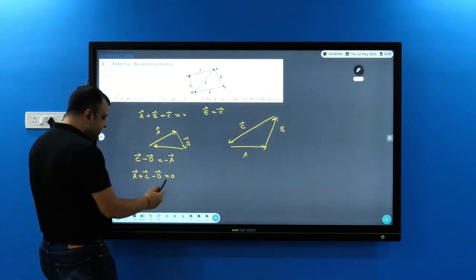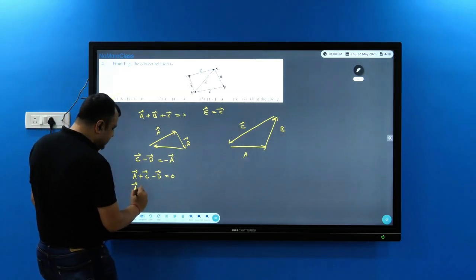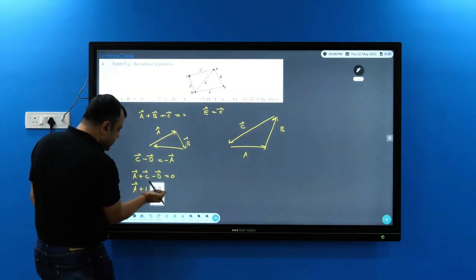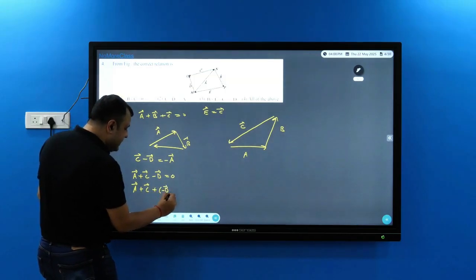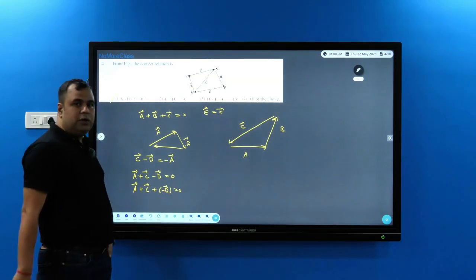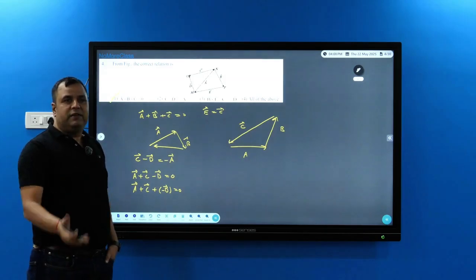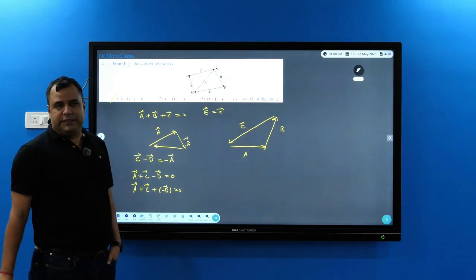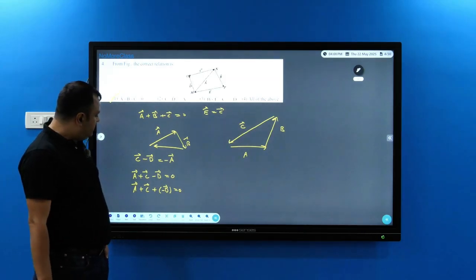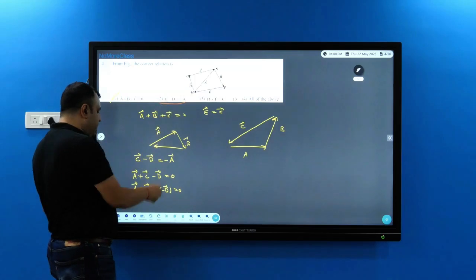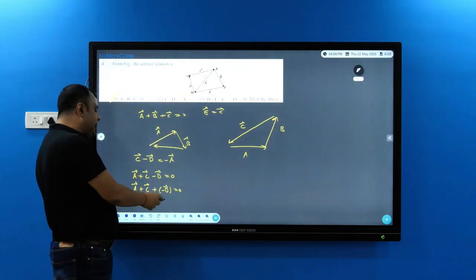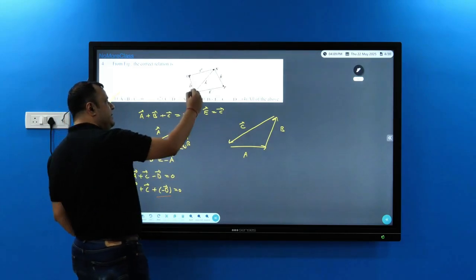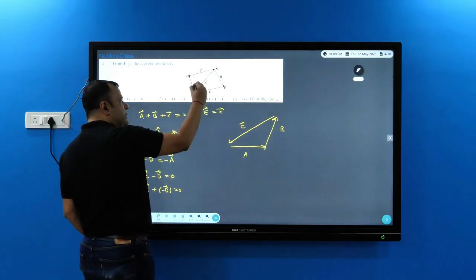This minus D, I can write as A plus C plus of minus D. As we have discussed in the class, the negative of a vector you get by changing the direction. So this option we have converted into this format, where A is added with C and then it is added with minus D. And where will minus D be? This is D, minus D will be in this direction.